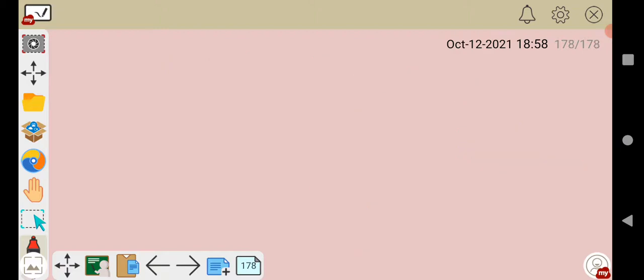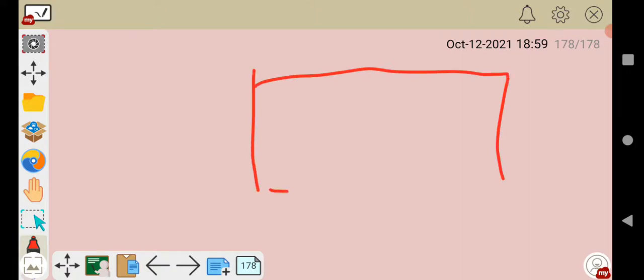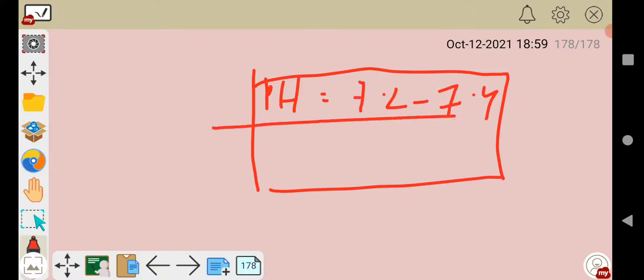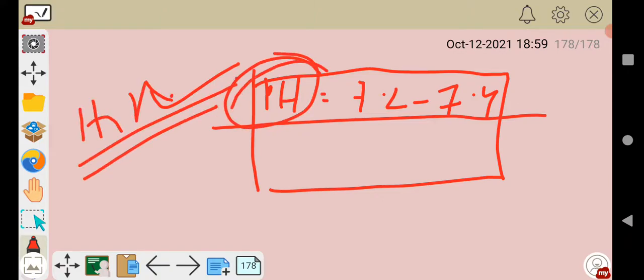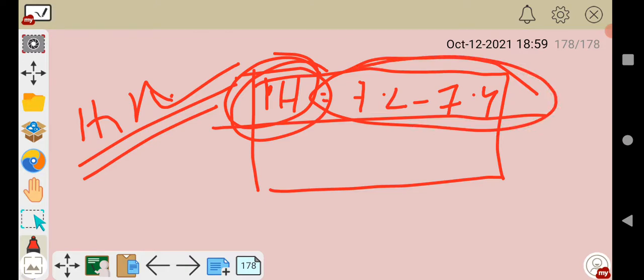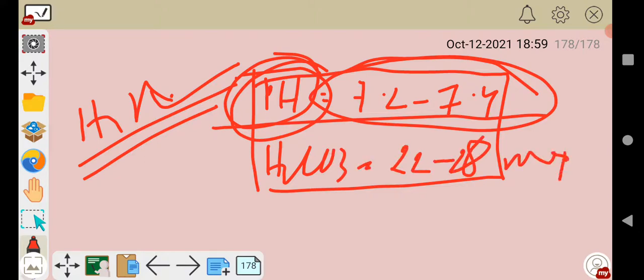Before discussing it, I have to discuss the normal values. Blood pH, the normal value is 7.2 to 7.4. You have to learn the normal values by heart, there is no alternative to that. This pH is maintained by histidine. Next normal value is bicarbonate, the normal level is 22 to 28 milliequivalent per liter.